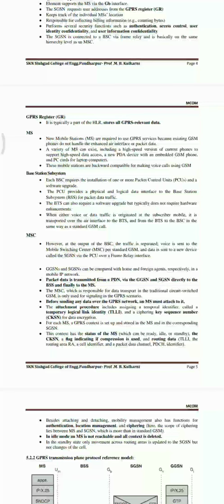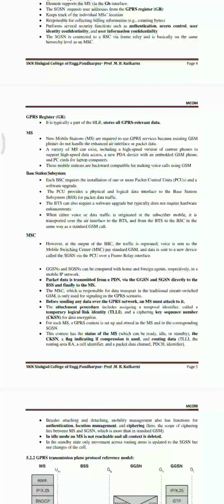In easier words, whenever the user uses the voice service in the GSM system, that voice communication is forwarded to the mobile switching center, whereas whenever the user uses the data service, the data is transferred to the SGSN, that is serving GPRS support node, via the PCU, that is packet control unit, over the frame relay interface.